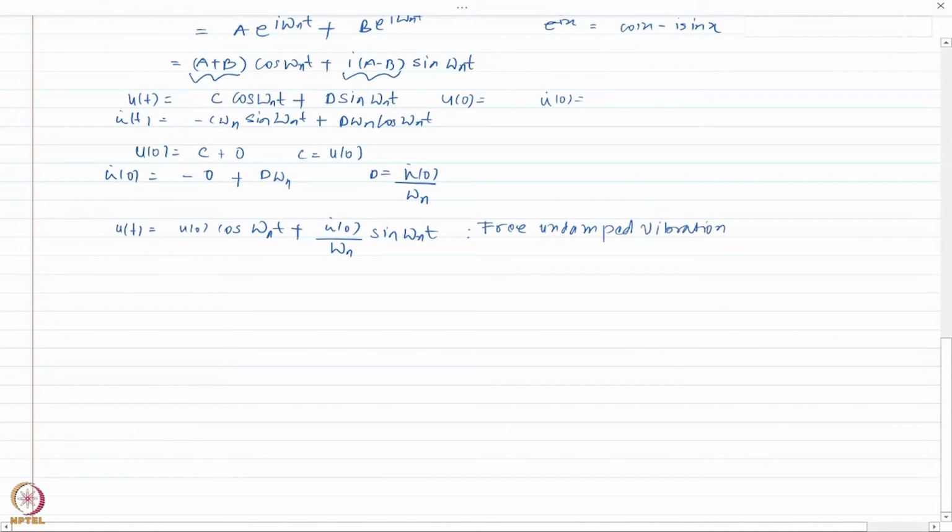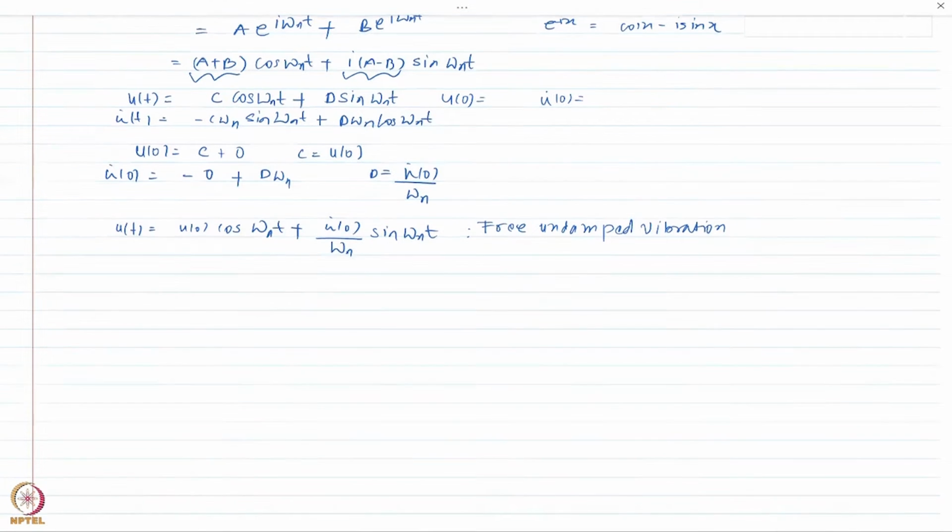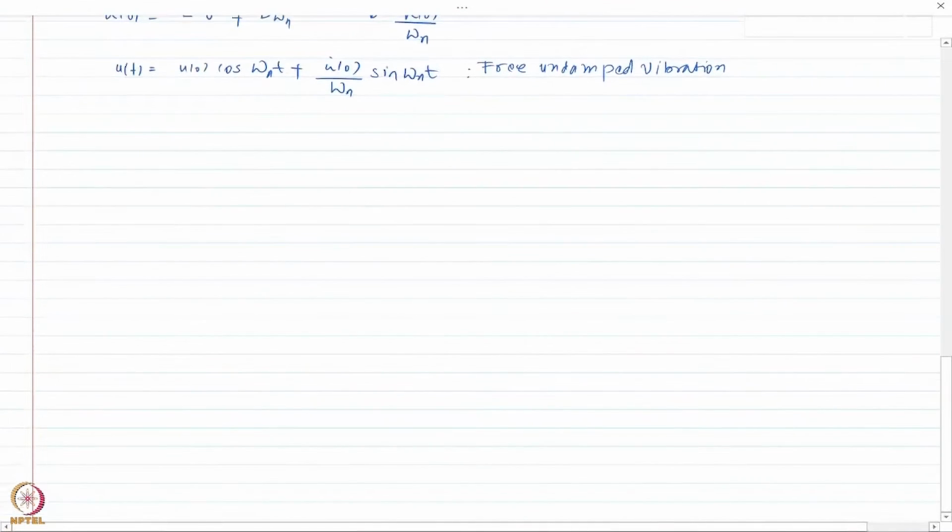As you can see, I have the expression for u of t, and let us just try to plot this function and see how it looks. I have a cos function and then I have a sine function.